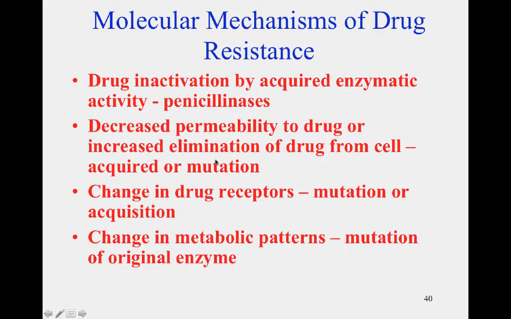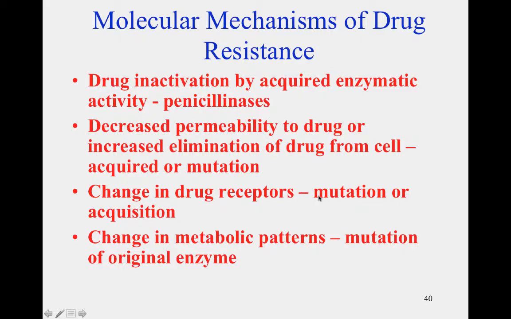Or I'll call this mechanism the upchuck mechanism, whereby a gene could code for the ability of the cell to produce an efflux pump that would basically pump the drug out of the cell. Or through what I'll call stealth mode, the cell could acquire a change in the target site. For example, antibiotics that stop protein synthesis could cause a minor change in the ribosome, the 30S or the 50S, which would result in the antibiotic no longer being effective.